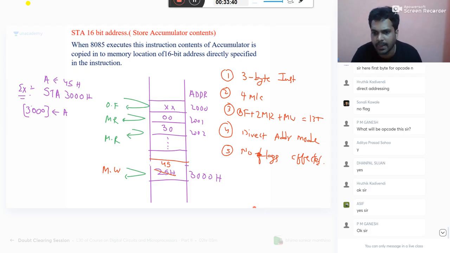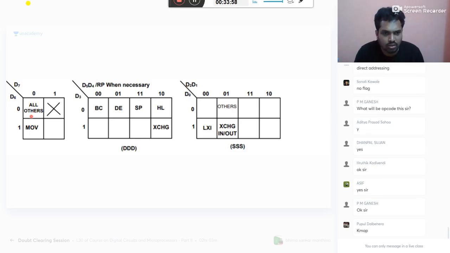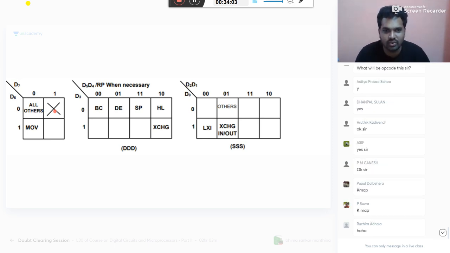Is there any store kind of thing here? Exchange, LXI, XCHG, all others. Okay, I don't have that. It's not a KMap here, just a table. One way you can say it is a KMap representation, but originally it is a table.